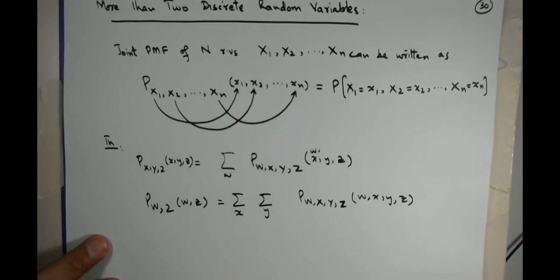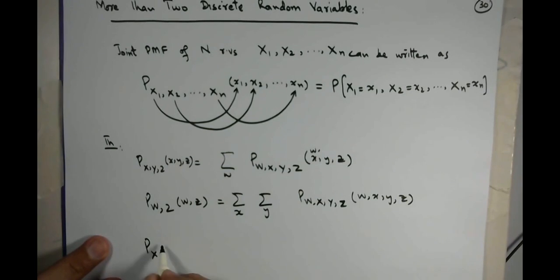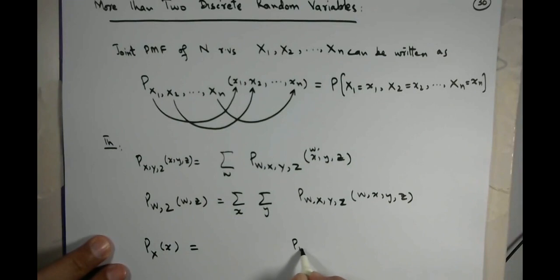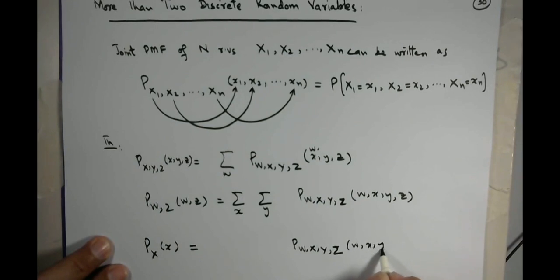Just as another example, suppose you want to find the marginal distribution of x only by utilizing the giant distribution of w, x, y and z. So you sum along the missing variables. You see here the missing variables are w, y and z.